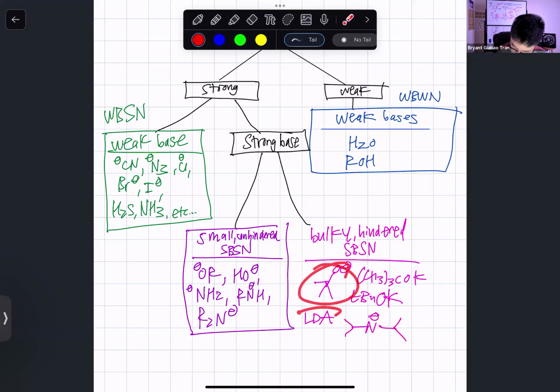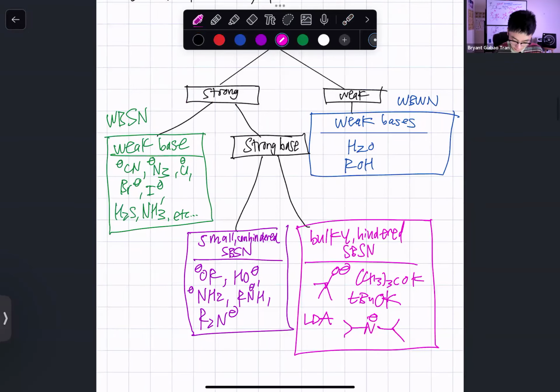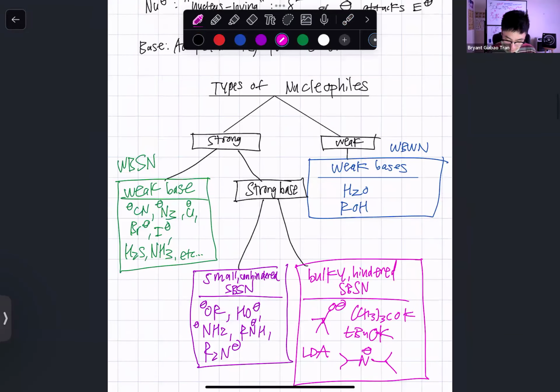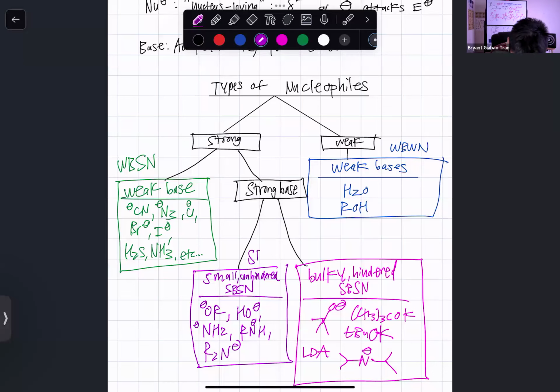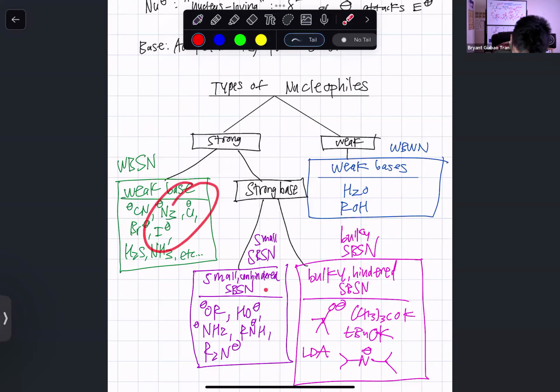So these are the two bulky bases that you need to be familiar with. Right. So here are the types of nucleophiles and bases that you need to be familiar with. Say this is the strong base, strong nucleophile, small. This is the bulky strong base, strong nucleophile. So there's 1, 2, 3, 4 different categories, right?